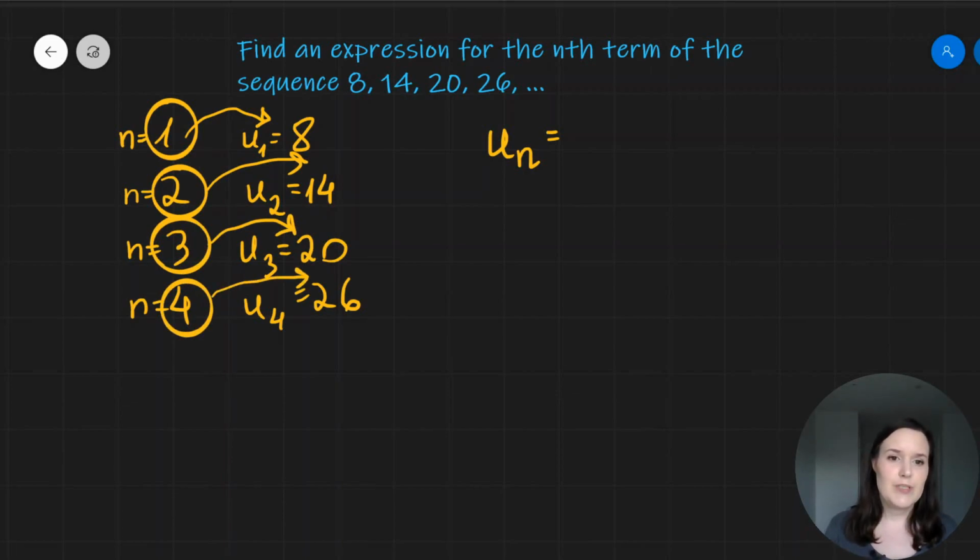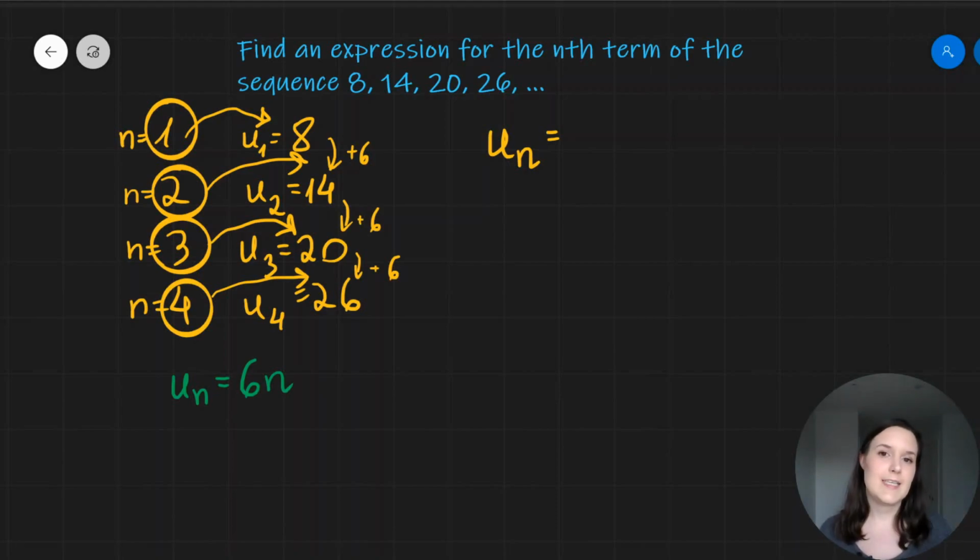Since the difference between these terms is 6, it's like 6 more, 6 more, 6 more, I would suspect that that will have something to do with 6n. Because if you have 6n, that automatically makes each term 6 more than the previous one, right?